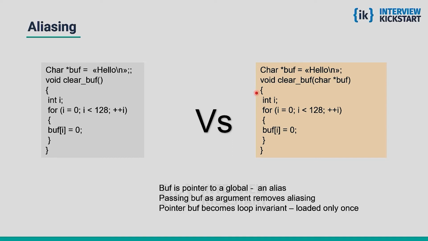So passing buffer as an argument removes aliasing, because aliasing will introduce certain difficulties for the optimizer. Global variables in general are usually considered a bad practice. As much as possible, use local variables.